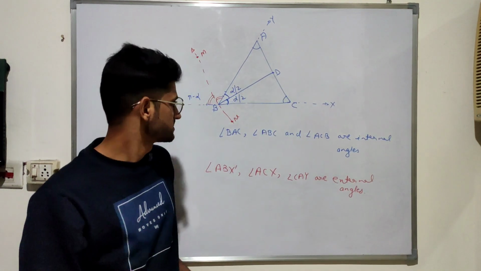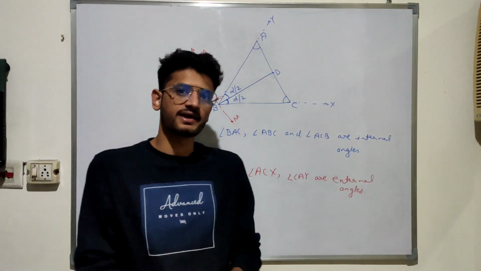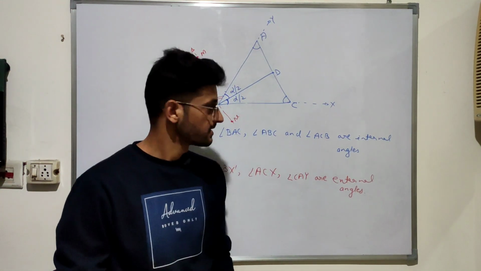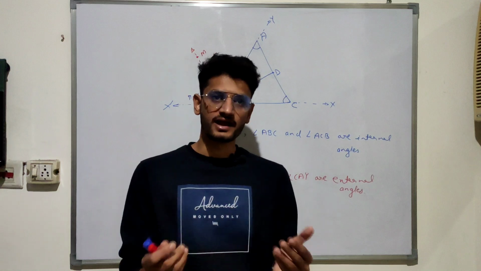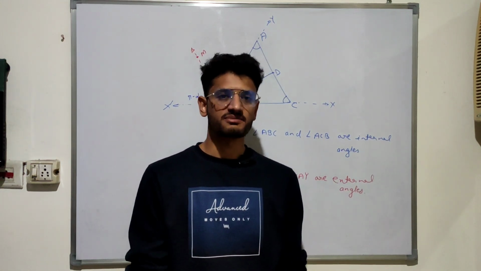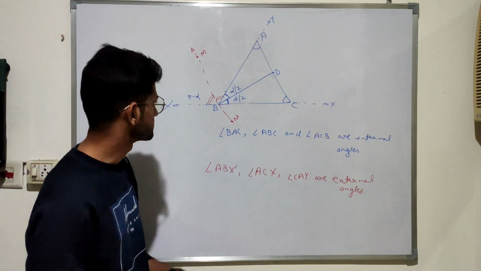Now we are aware of the basic things: what an internal angle and internal angle bisector are, as well as what an external angle and external angle bisector are. If any line or line segment divides an external angle into two equal parts, then that line or line segment is known as the external angle bisector.